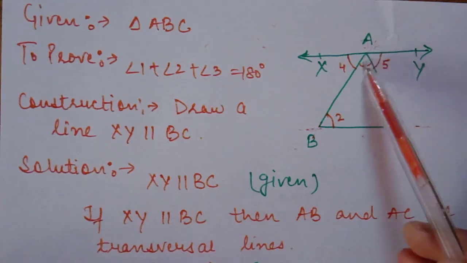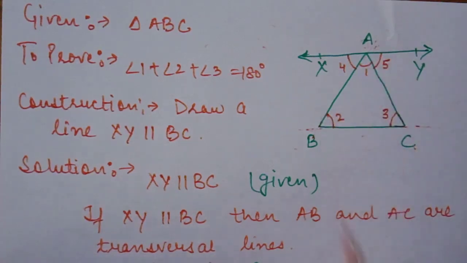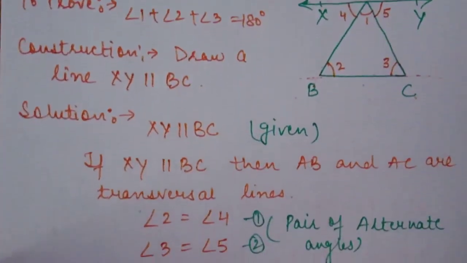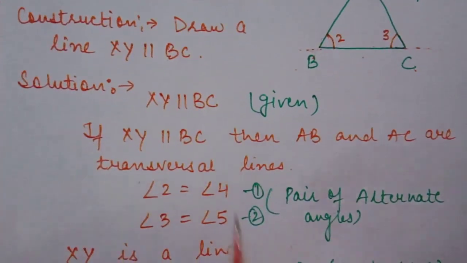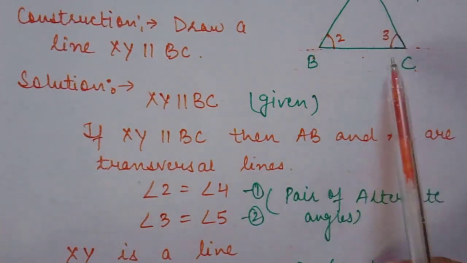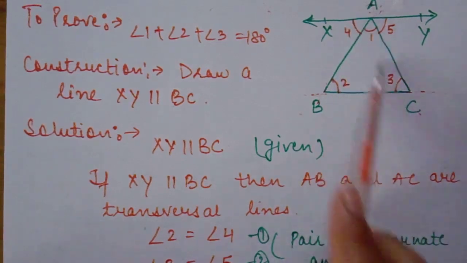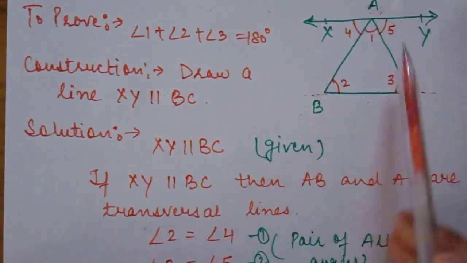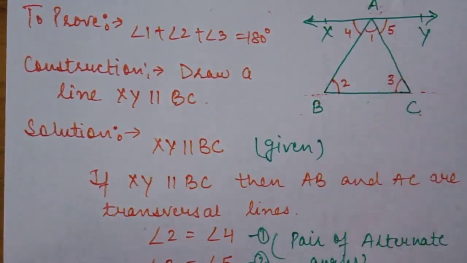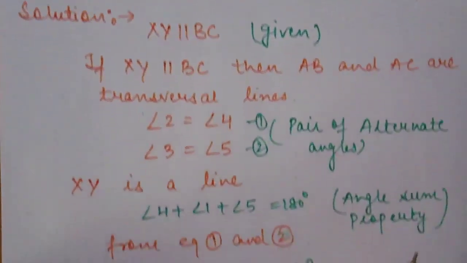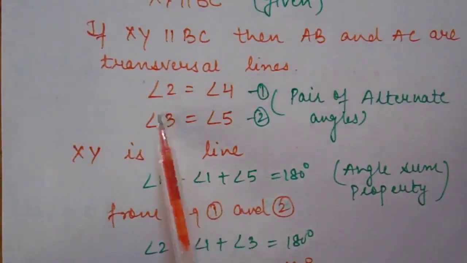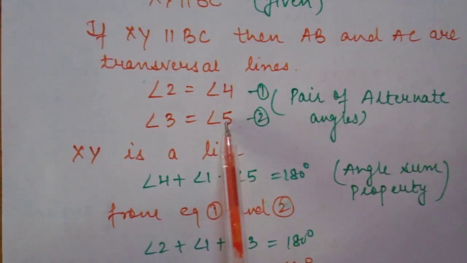First, if we take AB as a transversal line, then angle 2 is equal to angle 4, the pair of alternate angles. Similarly, if we take AC as a transversal line, then angle 5 and angle 3 are equal to each other because they are a pair of alternate interior angles.